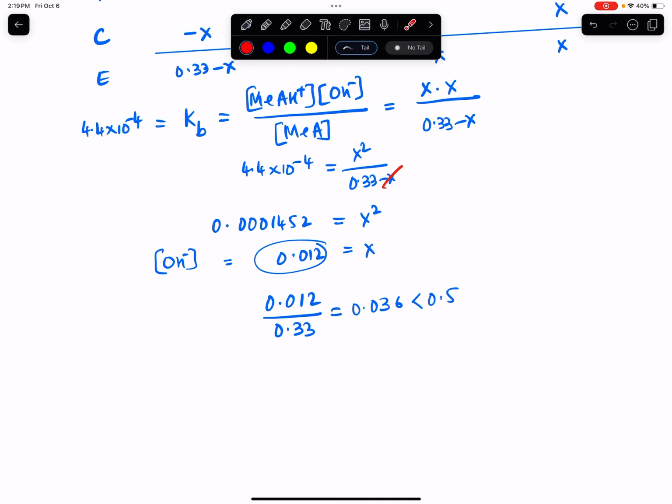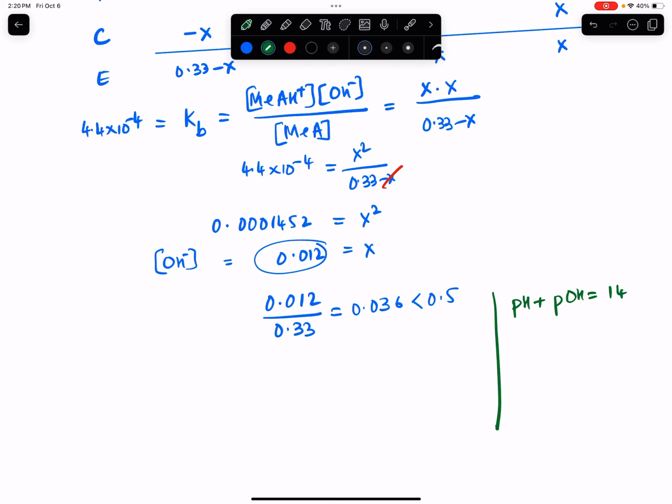So now the next step is to find the pH. It turns out we cannot find the pH directly here because we only have the OH minus ion concentration. So we have to use this relationship: pH plus pOH is equal to 14. We can find the pOH because we know what the OH minus ion concentration is.